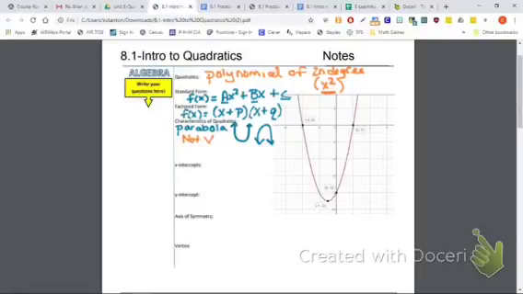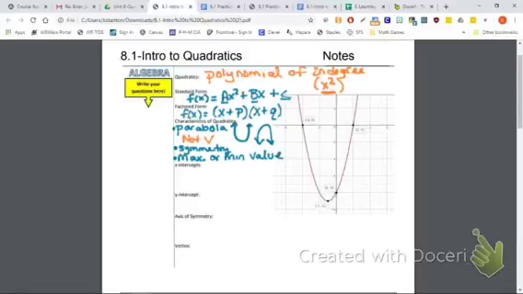Another thing to note here is that quadratics have symmetry. What you see on one side is perfectly replicated to the other side. So another point here is the symmetry. And lastly, they have a maximum or a minimum value. And again, we'll talk about that in a little bit.